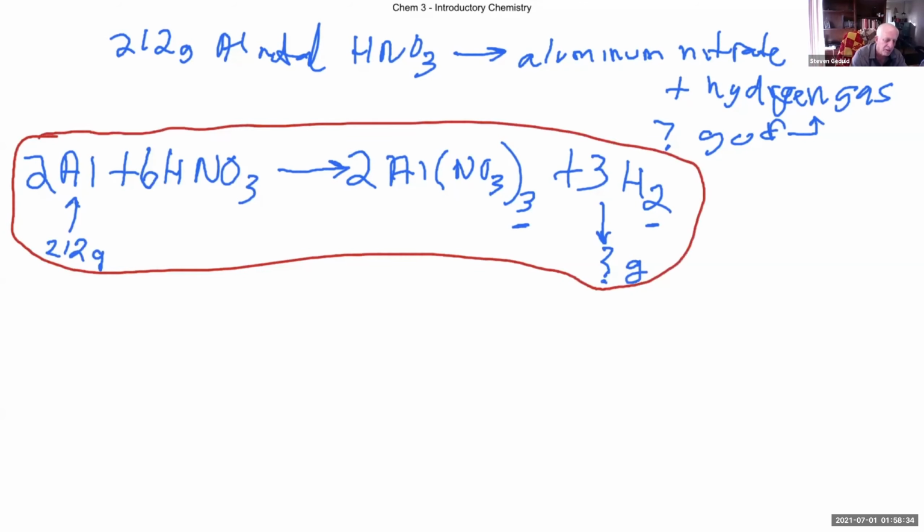This is everything we need right there. Everything's written right in front of you. So we want to know if we put aluminum in nitric acid, how much gas can be produced? Because we're doing that in a container. That container is going to blow up if too much gas is produced. So we want to know how much gas can be produced before we start this reaction to see what kind of container we need to hold it.